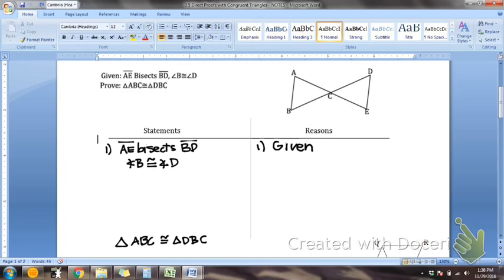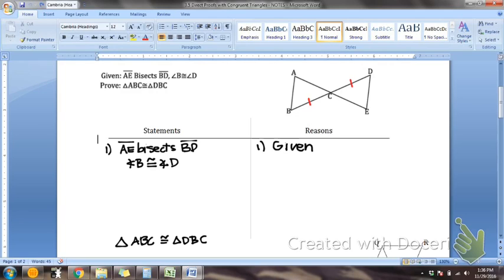Now, in this one, the picture has really already been drawn for us, but we can mark the diagram. Okay, so it says AE bisects BD. So AE cuts BD in half, right? That's what it does. So we're going to represent that by saying BC is congruent to CD.